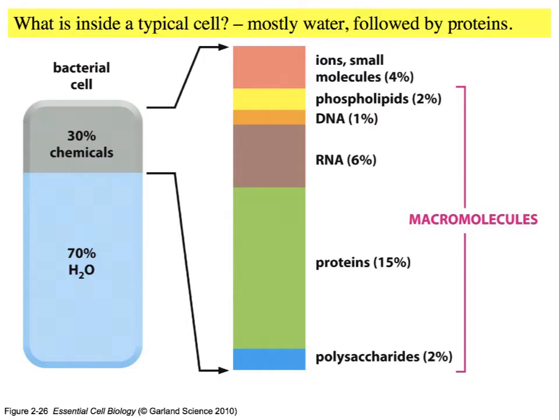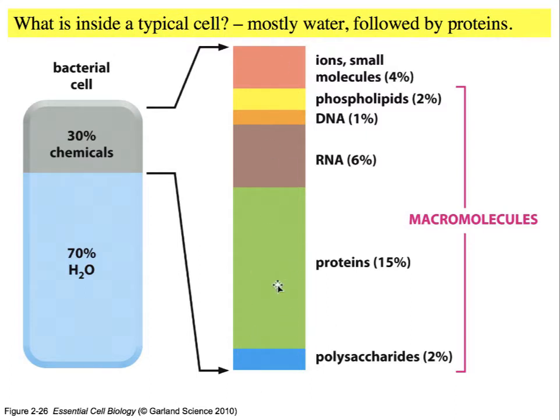If one was to examine the contents of a typical cell, regardless of plant, animal, or prokaryotic, the general conclusion is indicated in this slide. About 70% of that cell would be composed of water. The balance, the remaining 30%, would be divided into the following molecules.